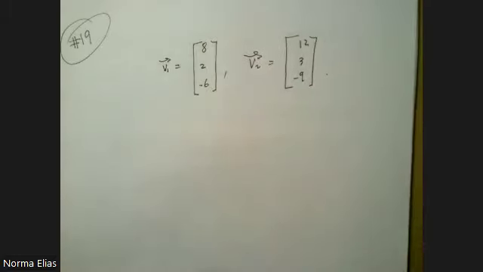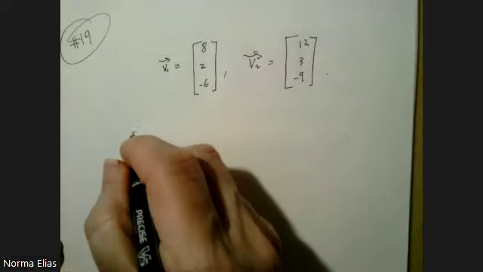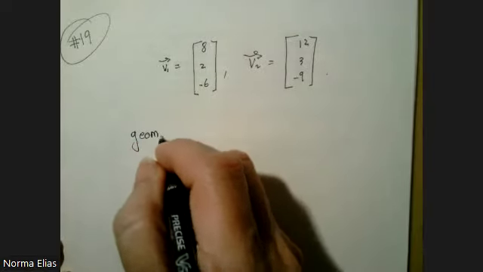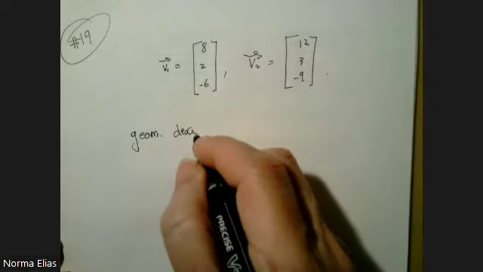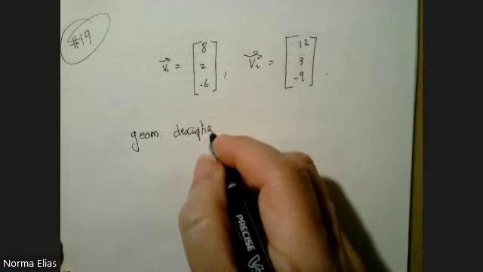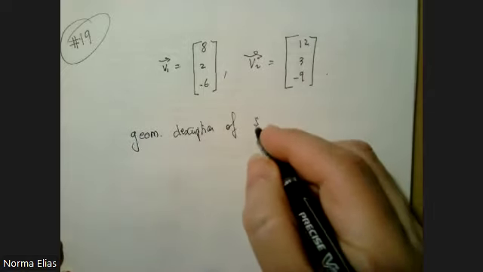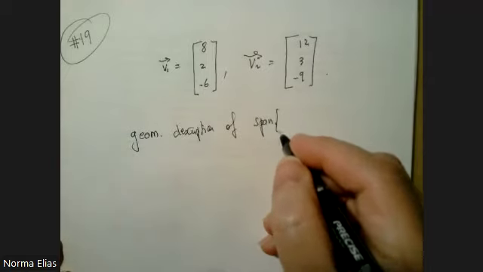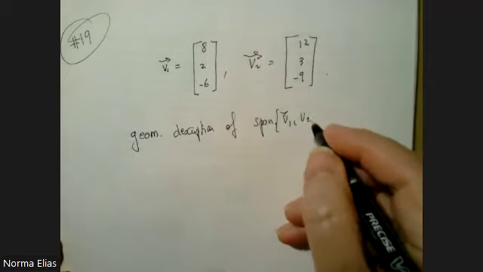And the question is, give a geometric description. So it means, is this a plane? Is it R3? Is it the span of V1 and V2?